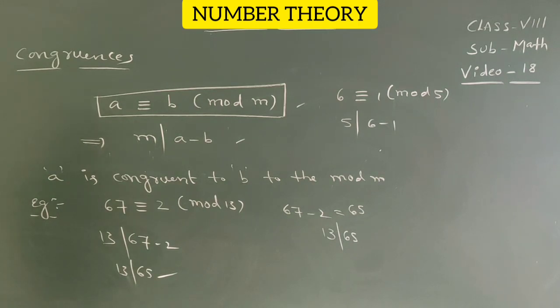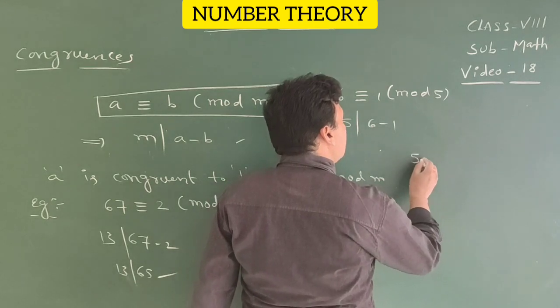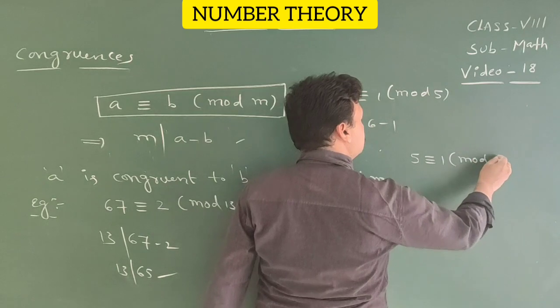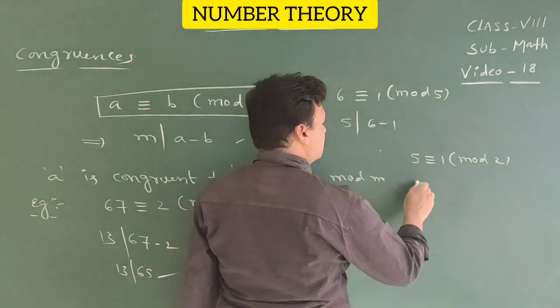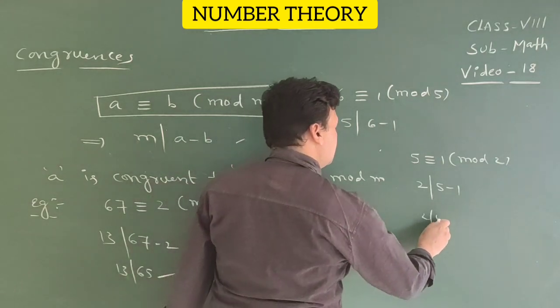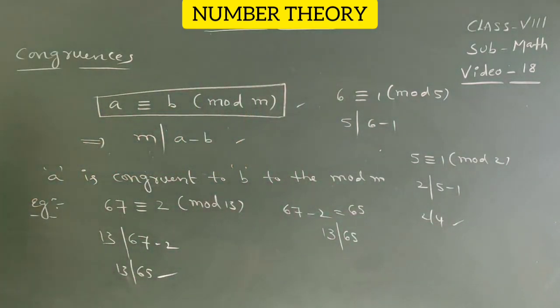Don't confuse them. Next, 5 is congruent to 1 mod 2, meaning 2 divides 5 minus 1, that is, 2 divides 4.